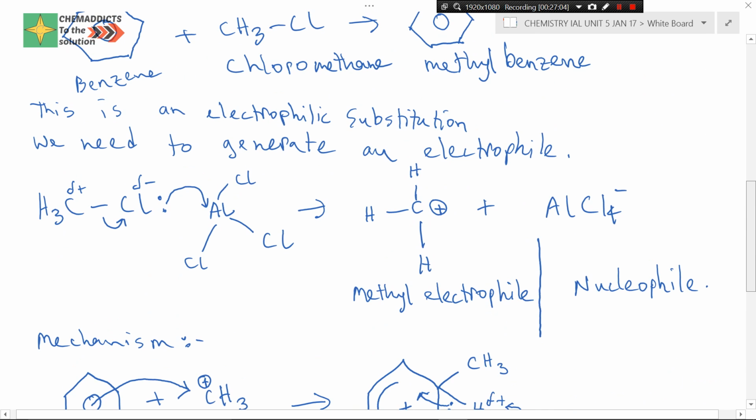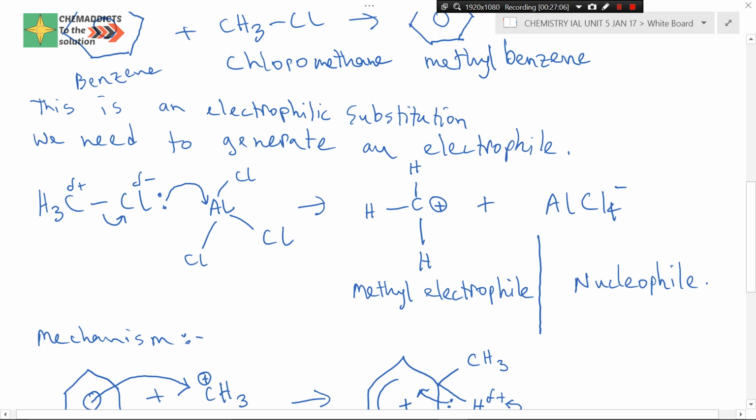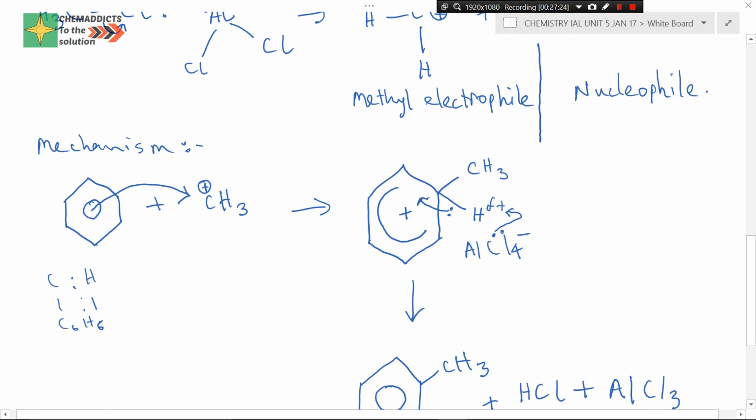We generated the electrophile and nucleophile from the reaction between chloromethane and aluminium trichloride. Then at first the electrophile attacks this benzene molecule.